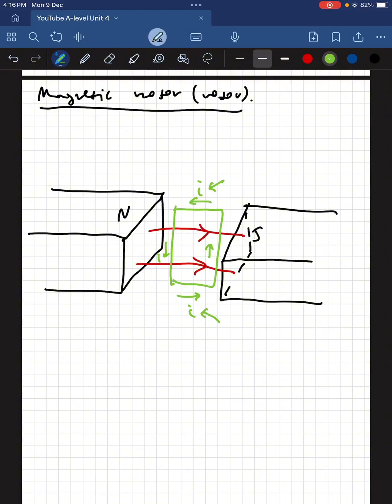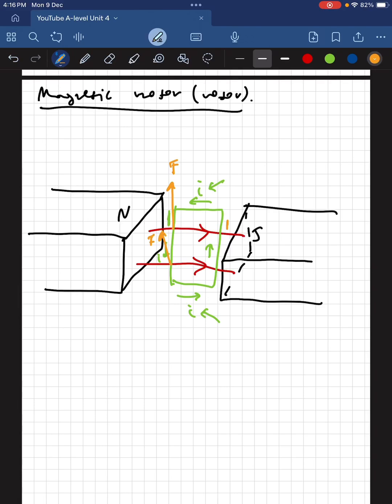But on this side, this wire that carries some current is going to experience a force that points upwards. So we have a force upwards in this direction, and in this direction the current is flowing upwards.